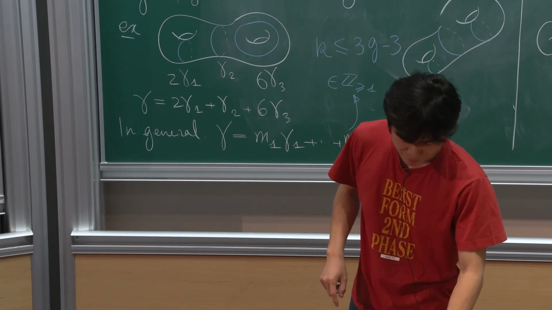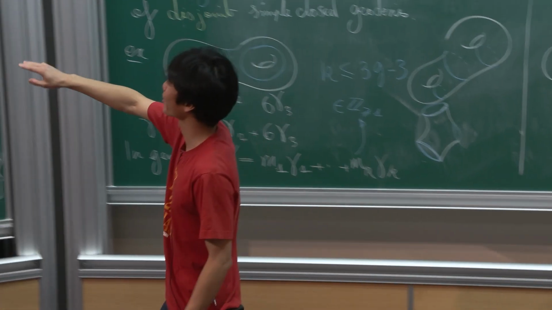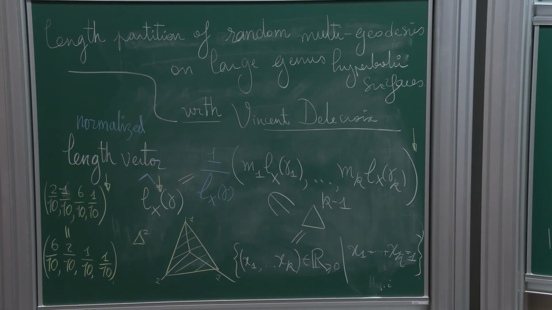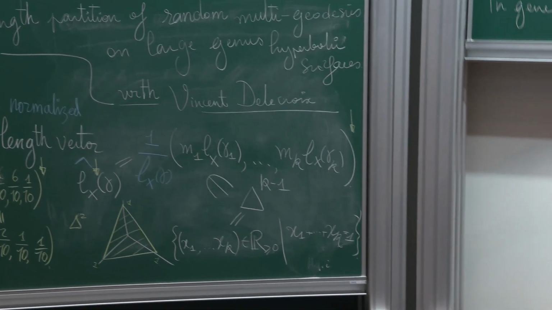But what I really want to do, as the title suggests, is some random stuff. So what is a random multi-geodesic?